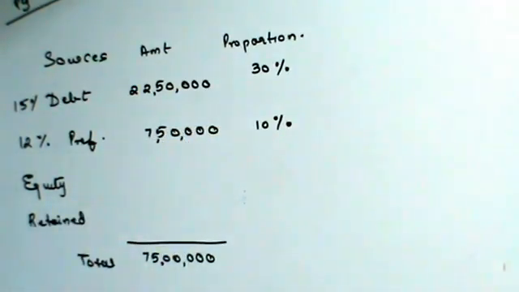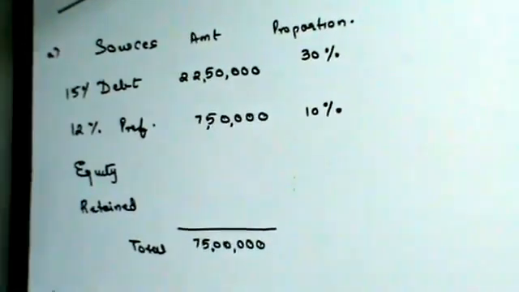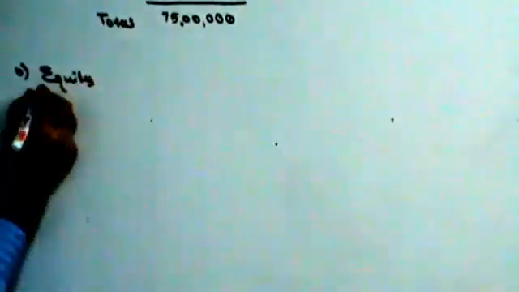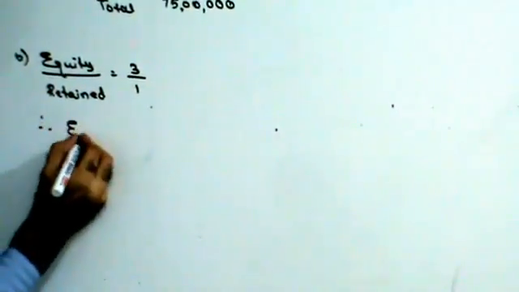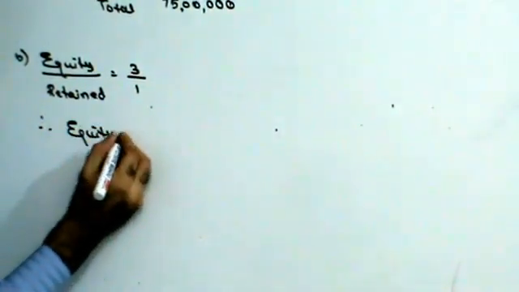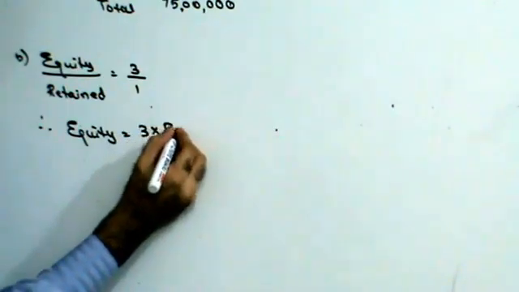Now they give you equity share capital and retained earnings are in the ratio of 3:1. Equity and retained earnings are in the ratio of 3:1. Therefore, I can say equity is 3 times retained earnings.